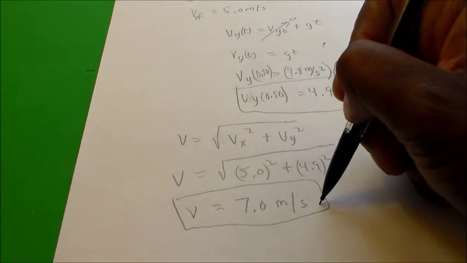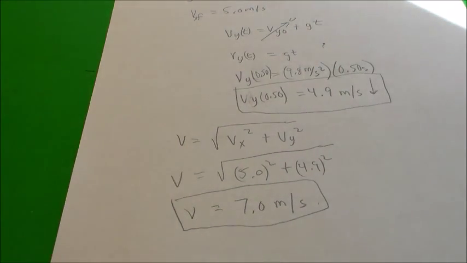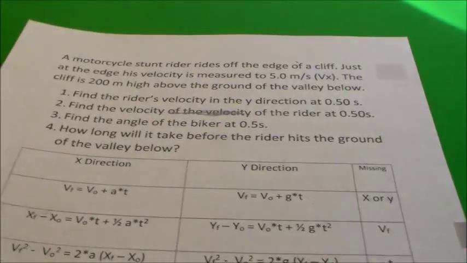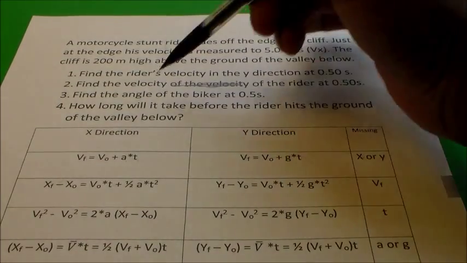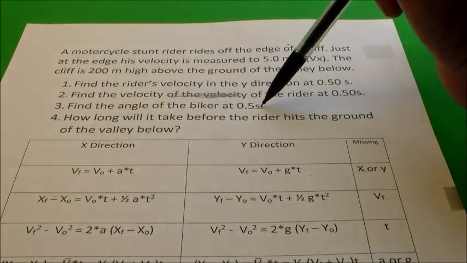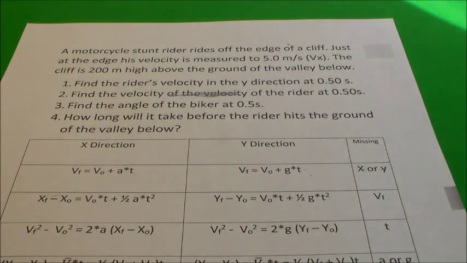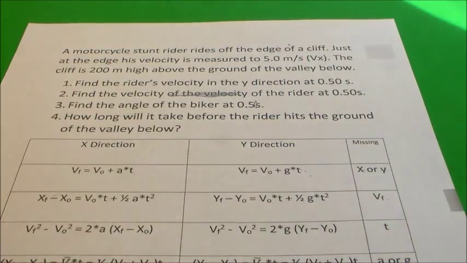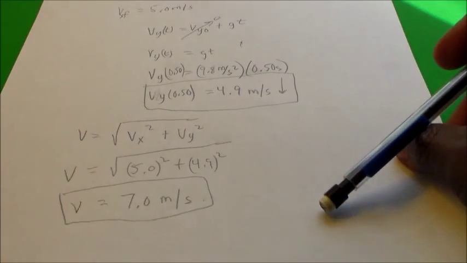Now, we do not know the direction of that 7.0 meters per second, and that's what the third question wants us to find. They want us to find the angle of the biker at 0.50 seconds. So let's go back to this paper over here.